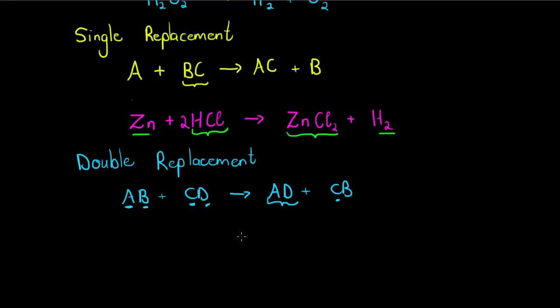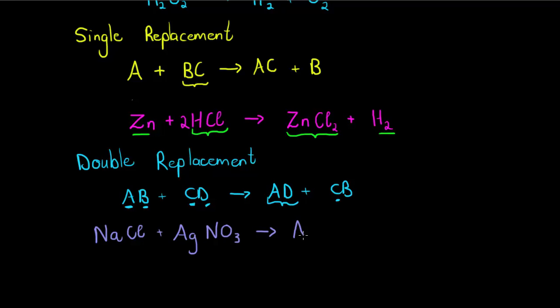Okay, if I were to look at an example, let me use a different color to distinguish it. If we used sodium chloride and mixed it with silver nitrate, notice here that this produces new compounds.